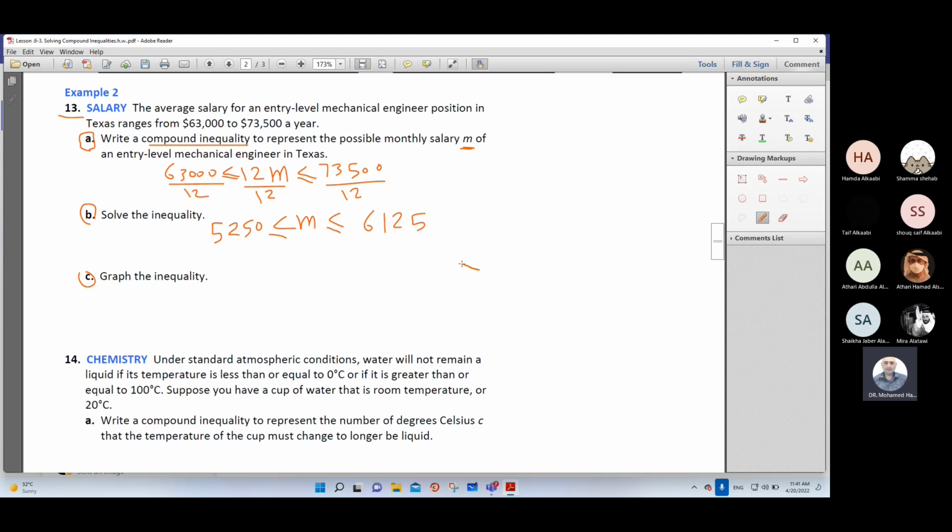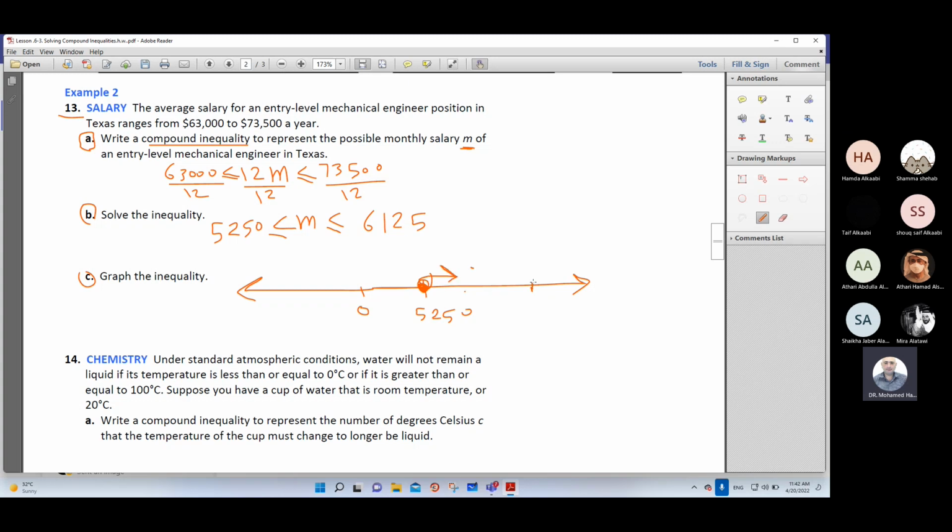Then we can graph. This is 0 here. For example, here 5,250, and here you have equal in the sign, so use a shaded circle, and m greater than means to the positive side.